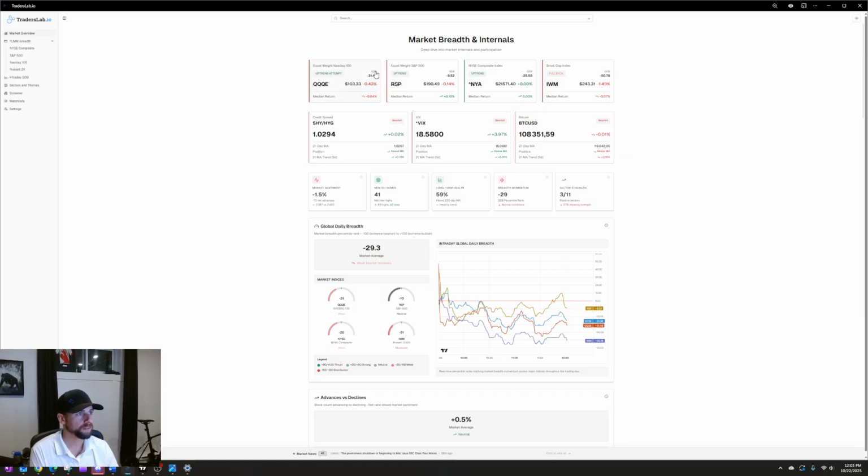You also have the GDB reading, the global daily breadth reading. You can go into the documentation if you don't know exactly what it is. It explains that it's a composite score based on price, momentum, and breadth. So it gives, on a specific day, a score of how strong or how weak the action is.